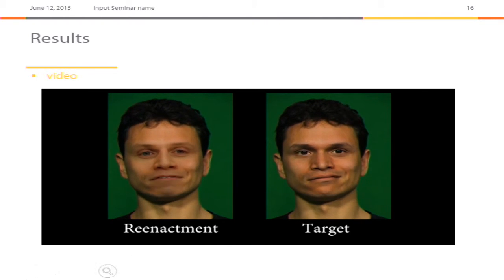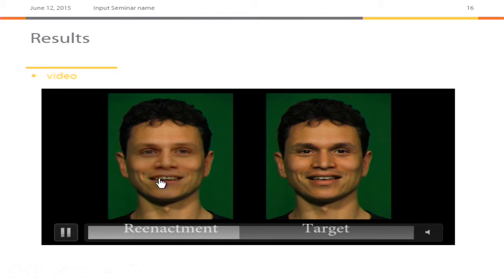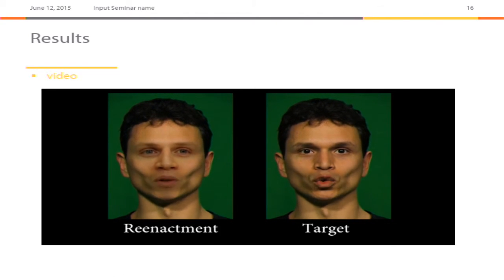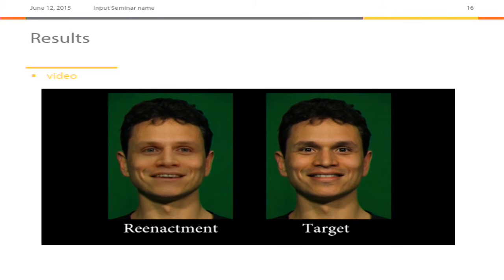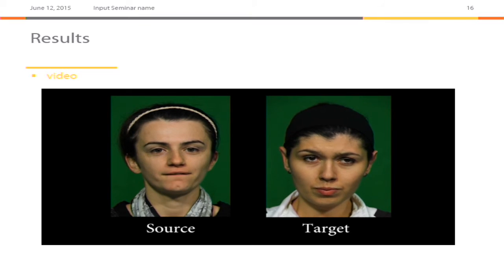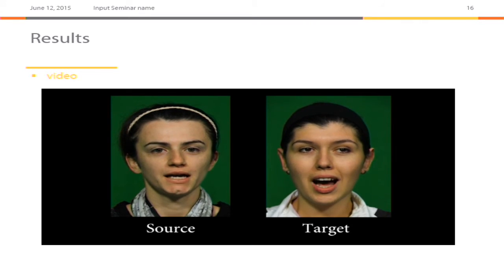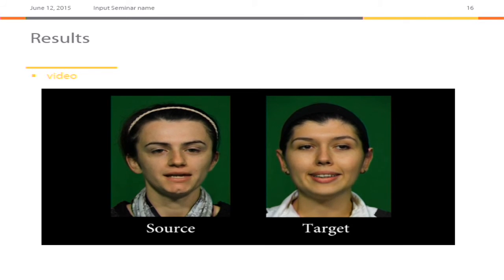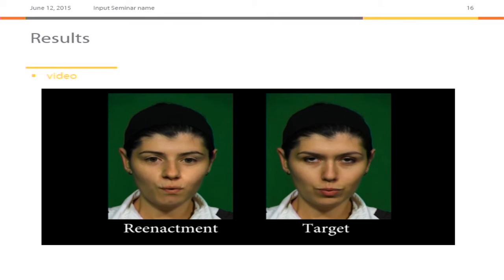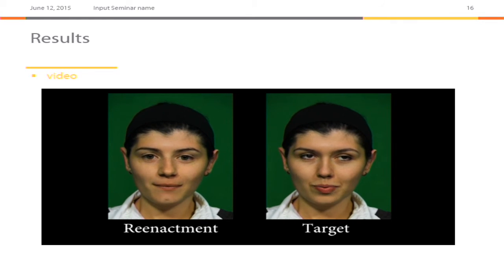Here you can see this person didn't close the mouth completely, so the teeth have some problems. For example, this sequence has only 100 frames. If you have a much higher amount of information for the source, then the results get better. Of course, if the head motion is too big, then there will be some problems too.